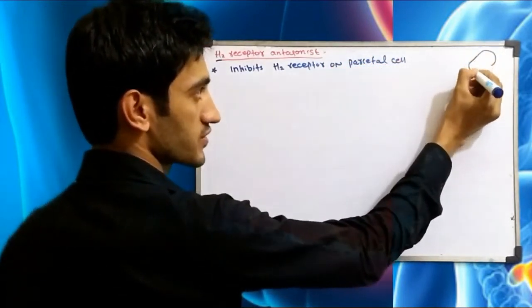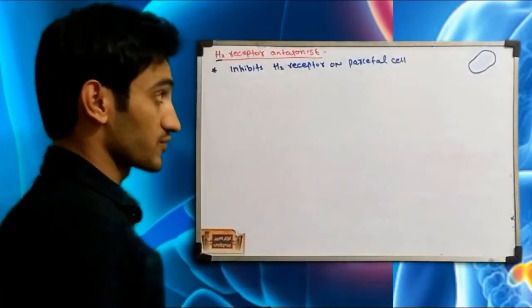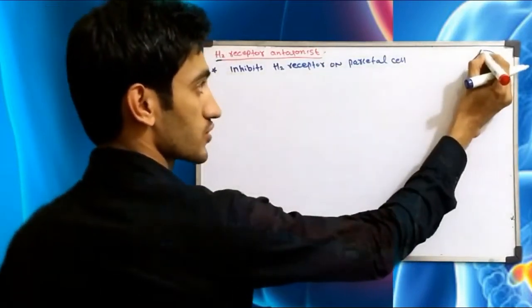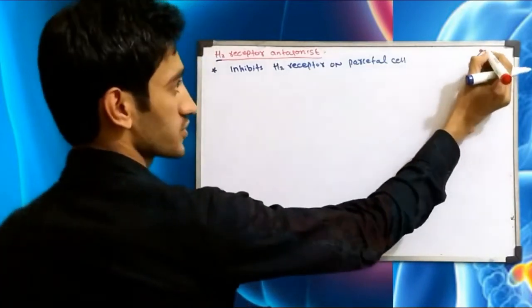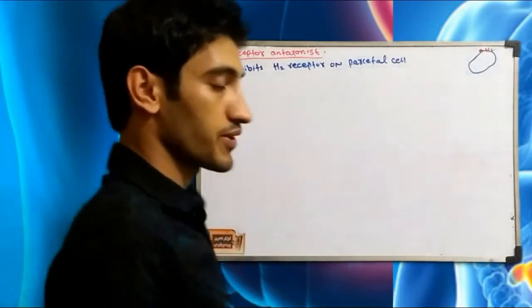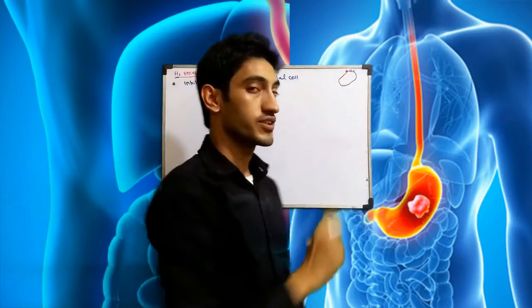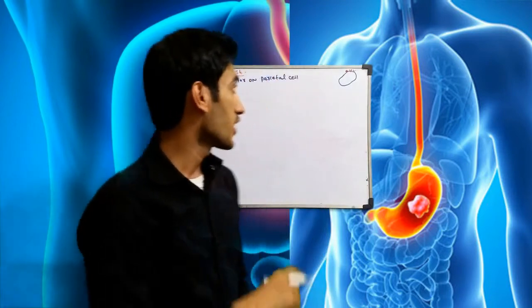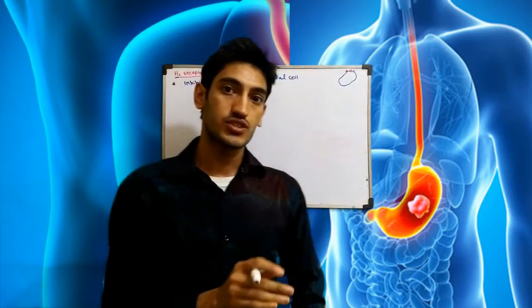Parietal cells contain different receptors. So here let's suppose this is the H2 receptor. The function of histamine is that it will increase the acid production. Whenever histamine binds to this receptor, it will increase the acid production, and our treatment strategy is to decrease the acid production.